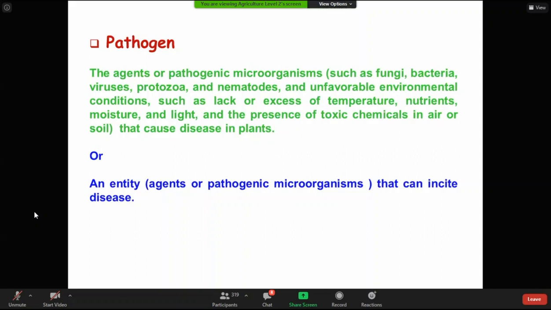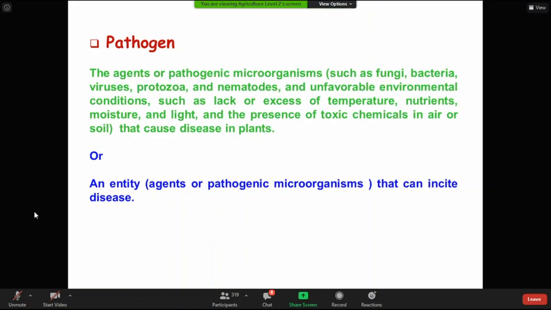In other words, you can say the agents or pathogenic microorganisms such as fungi, bacteria, viruses, protozoa, and nematodes, as well as unfavorable environmental conditions such as lack or excess of temperature, nutrients, moisture, light, and the presence of toxic chemicals in air or soil that cause disease in plants. So the pathogenic microorganisms and unfavorable environmental conditions that cause disease in plants we call pathogens. Clear?